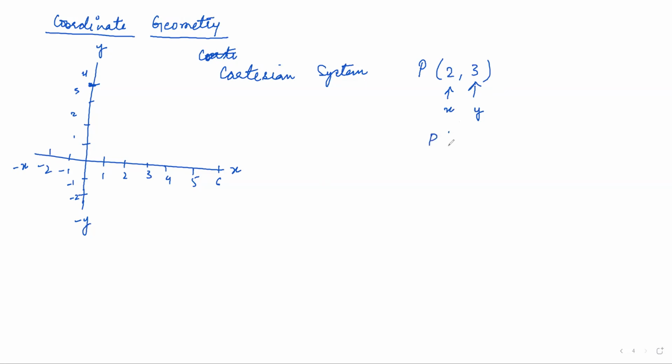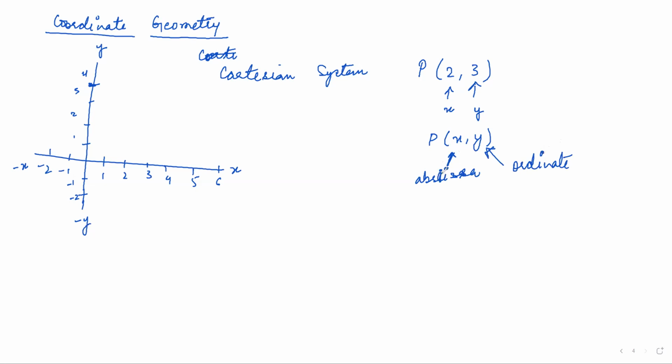So basically any point is written as x and y in this form. The first number is the x coordinate, the second number is the y coordinate. Sometimes the x coordinate is also called abscissa and the y coordinate is called the ordinate, so note down these two words.